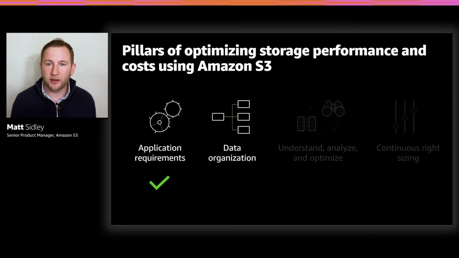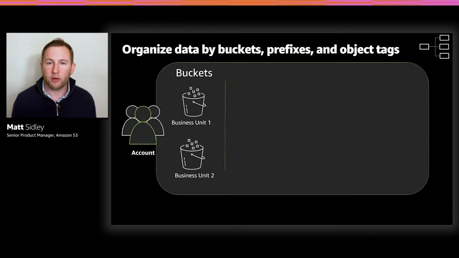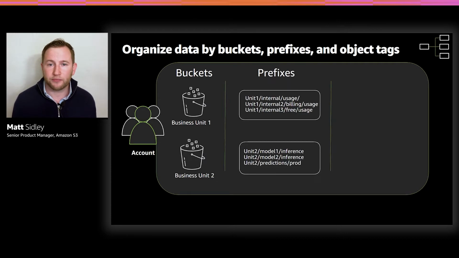Once you define your application requirements, next you need to think about how to organize your data. And you want to organize your data in a way that makes sense for the business units, applications, and users accessing these data sets. The first step is creating buckets, which are S3 resources to upload data across different business units within an account.